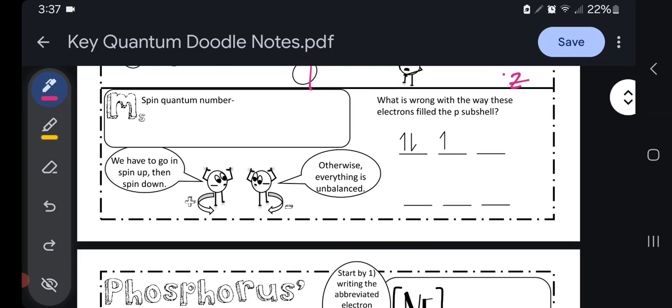Now the spin number is probably the easiest to understand, right? In the basics, it's going to tell you how the spin is moving. So we say a positive 1/2 for up, and a negative 1/2 for down.